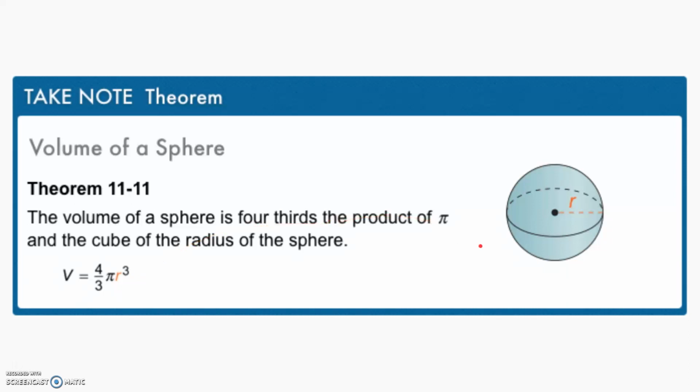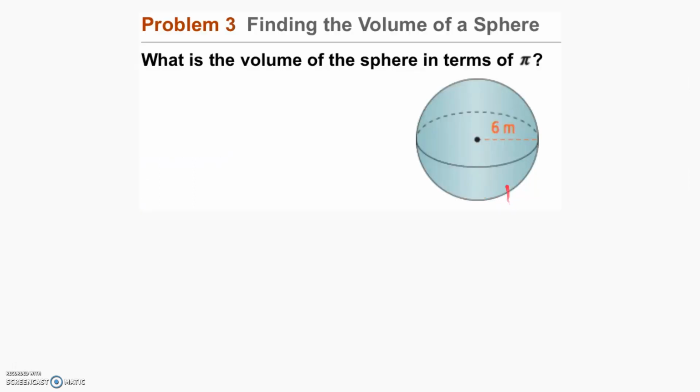So that's just kind of a neat trick that you'll get to go back and look at when you get to calculus. If anyone in their math coursework discovers why that works and why it doesn't work for some other shapes, please come back and let me know, or send me an email. So let's apply that 4/3 pi r cubed formula to this sphere with a radius of 6 meters.